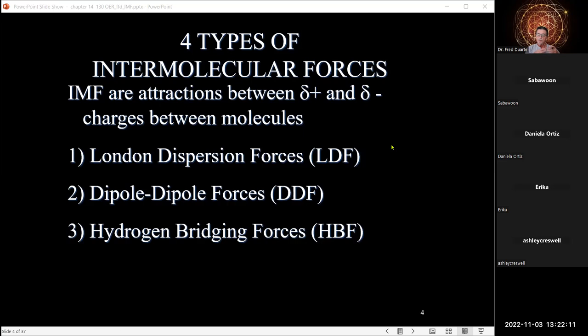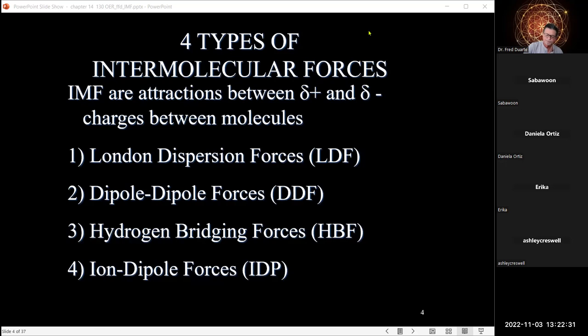It only occurs when you are dealing with hydrogen, and only when hydrogen is bonded to 3 specific atoms. But more on that here in a bit. And I'll explain a little bit more in a second. And then the fourth one is called the ion dipole force.